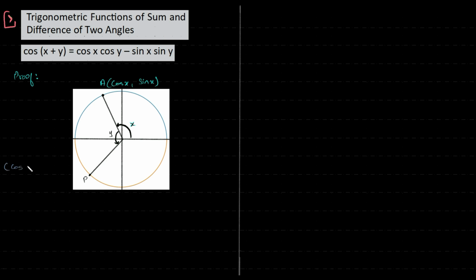Yes, cos of x plus y, because we always measure from the positive x-axis. Okay, if OD is the positive x-axis, and from there the entire angle is x plus y, so this will be cos of x plus y comma sin of x plus y.